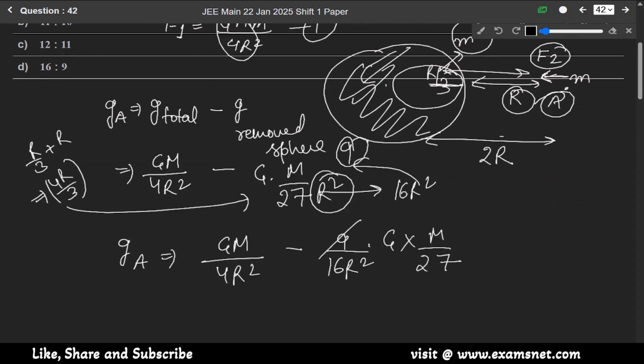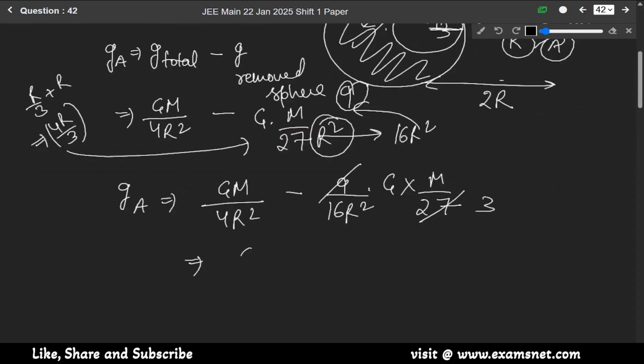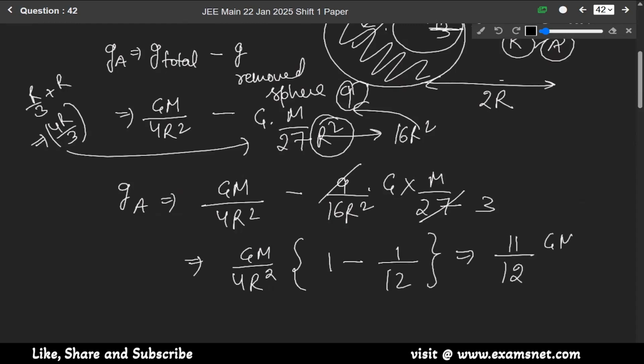Okay, so 9 3s are 27. So solving it, we get, taking GM over 4r square common, we will get 1 minus, this will be 3s are 12, 1 over 12. So it will be equals to 11 by 12 GM over 4r square.